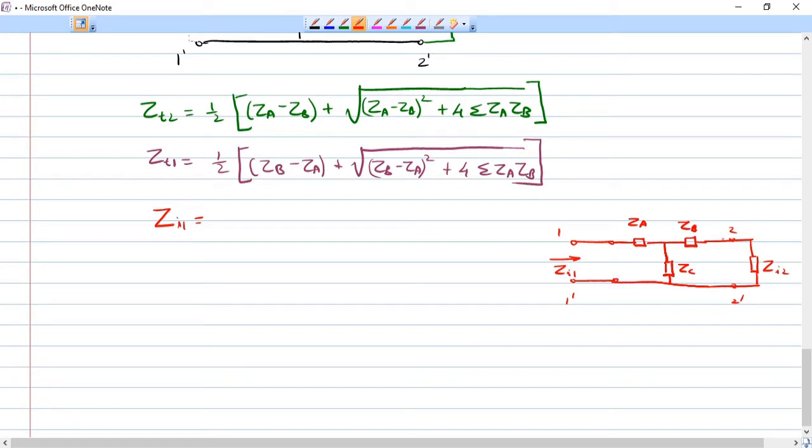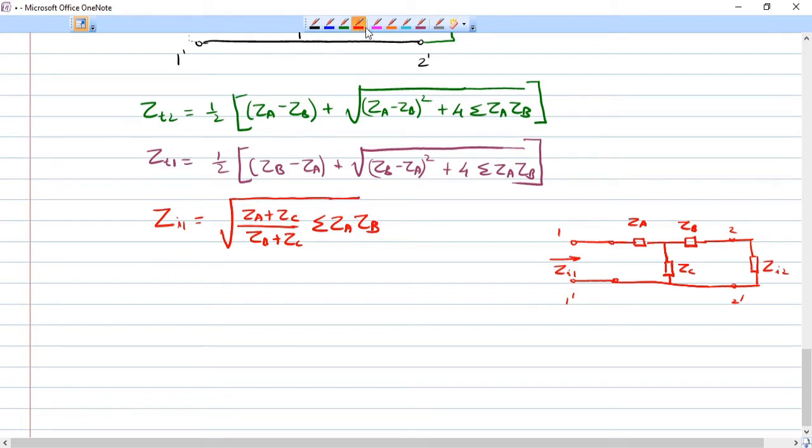Okay. Now we can define ZI1 as equal to square root of ZA plus ZB, ZA plus ZC divided by ZB plus ZC into sigma ZA ZB. So we have derived this.